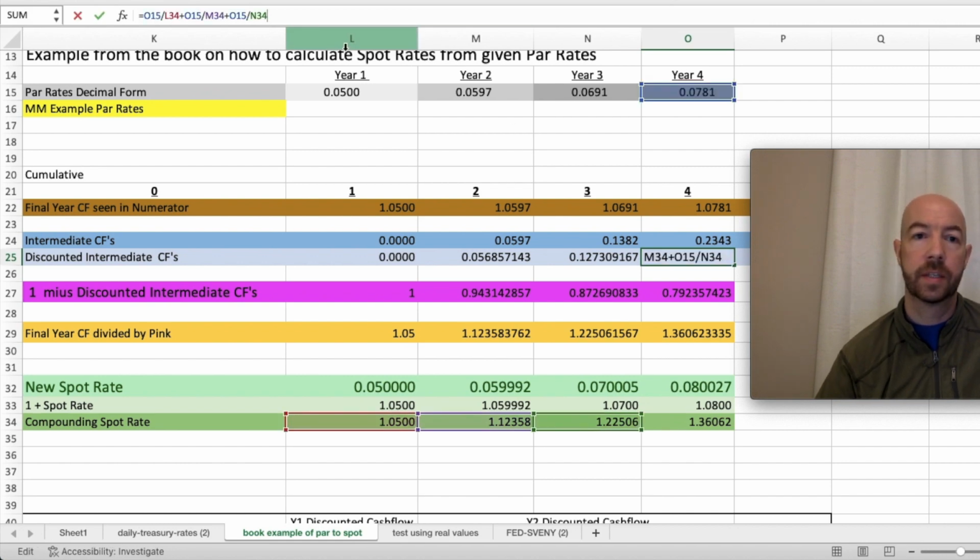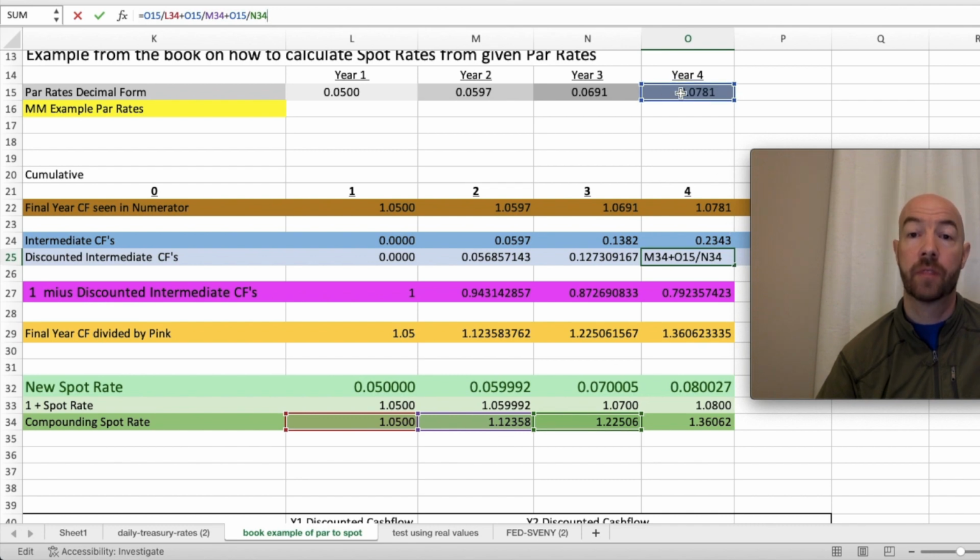What's the hard way? You're taking this cash flow, and you're going to have to divide it by, for the appropriate period, this number. You're going to have another one, so plus another one of these divided by 1.059992 squared. So that's it discounted in the second period.